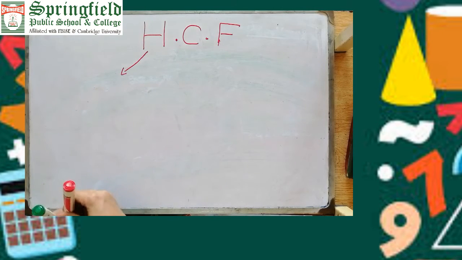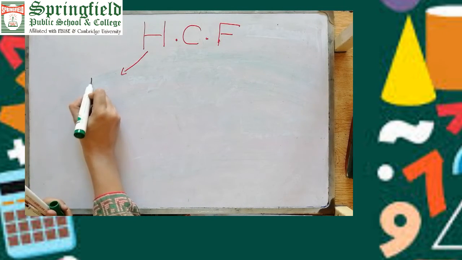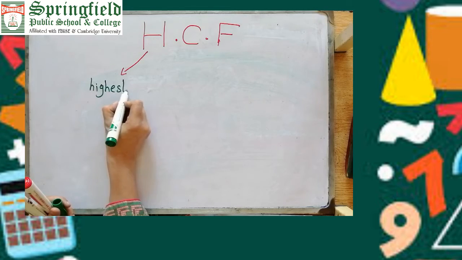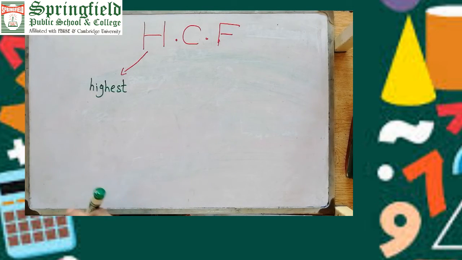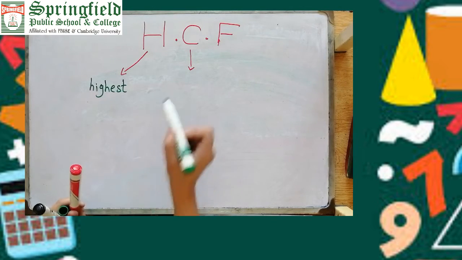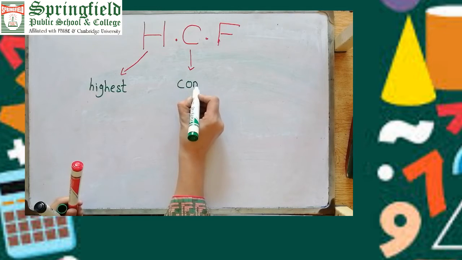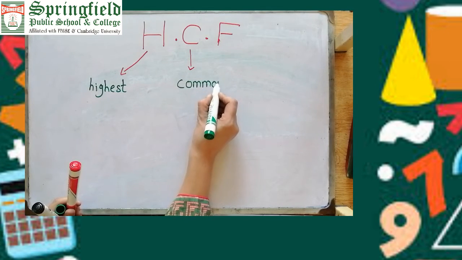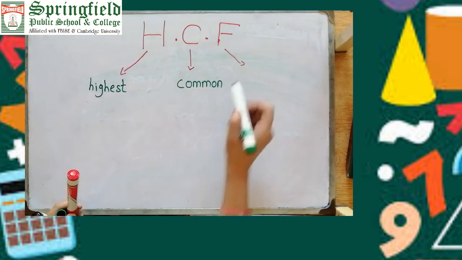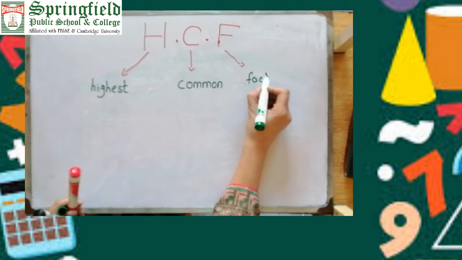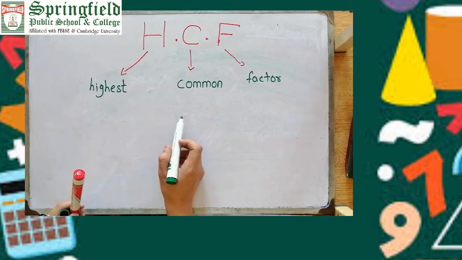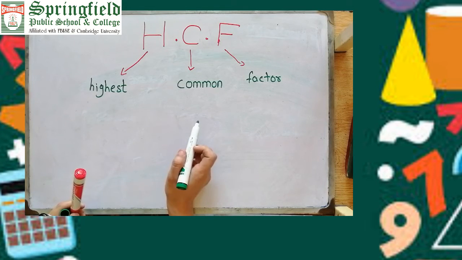H means highest, C means common, and F means factor. I will tell you how we can find the HCF of two or more numbers.